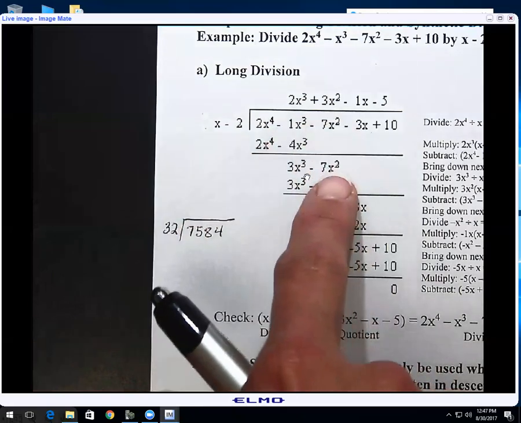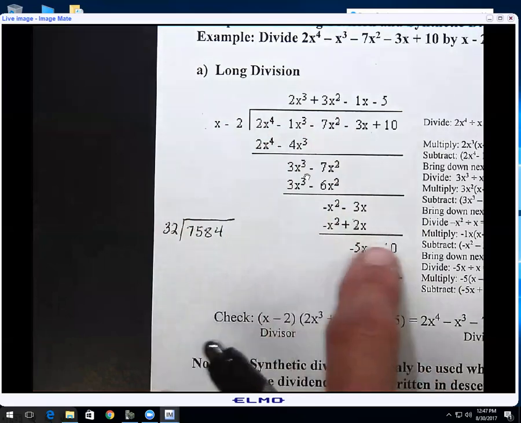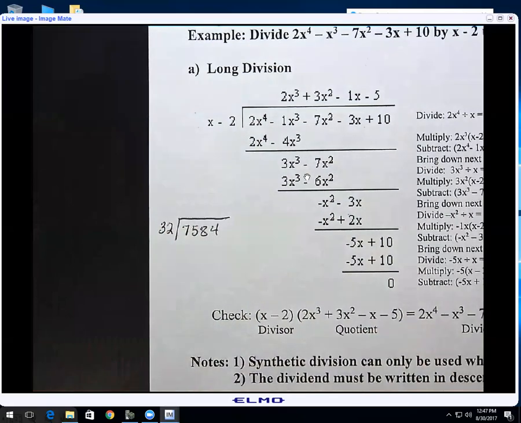And then bring down, and then divide again, and then multiply, then subtract, then bring down, and then divide again. The process is the same, it's just uglier, and we really don't have time to do that.